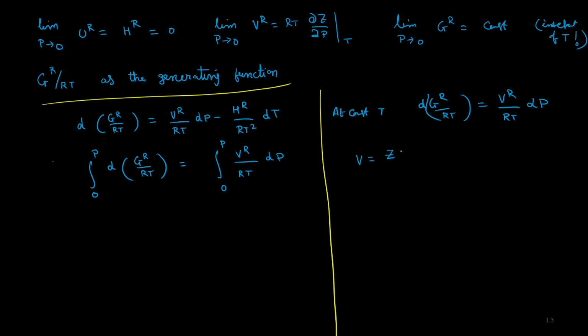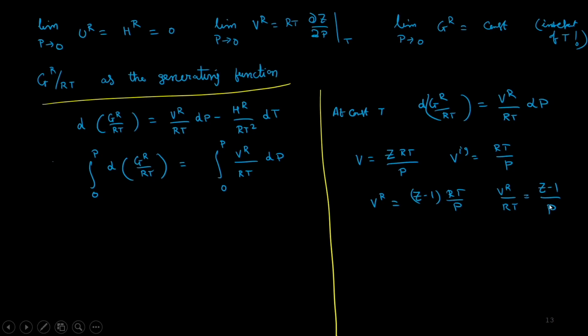V is, in terms of compressibility factor, ZRT over P. V^ig is RT over P. So V^R is (Z minus 1) RT over P, or V^R over RT is (Z minus 1) by P, right? So then this equation becomes the integral from 0 to P of (Z minus 1) by P dP.